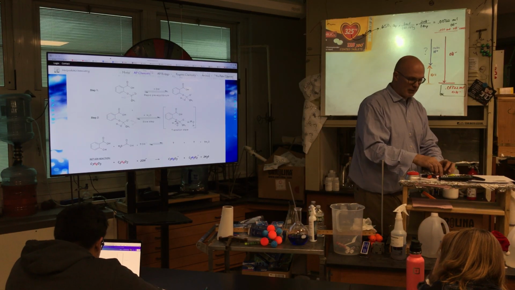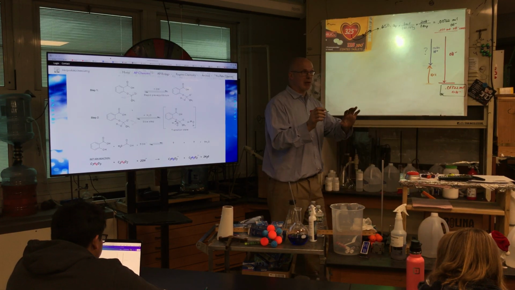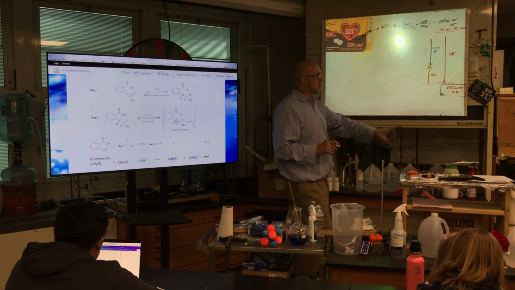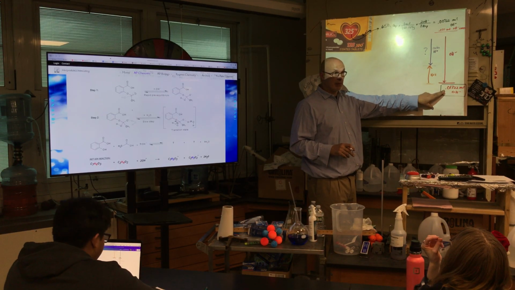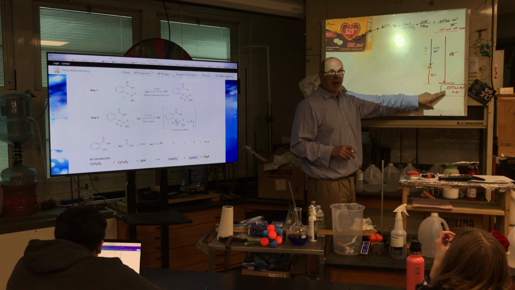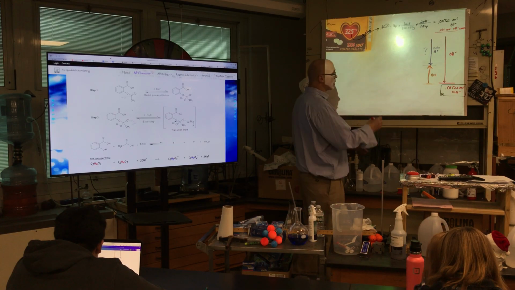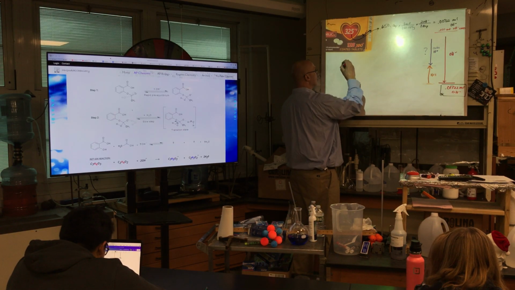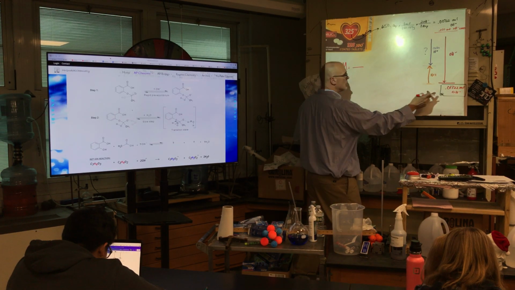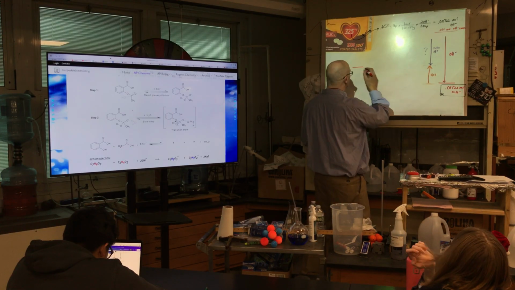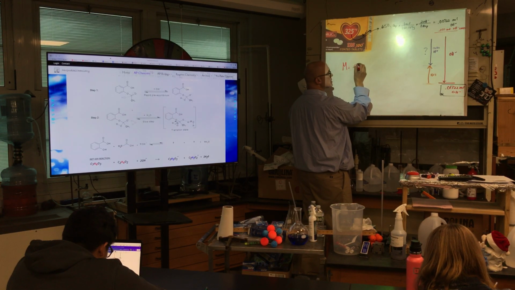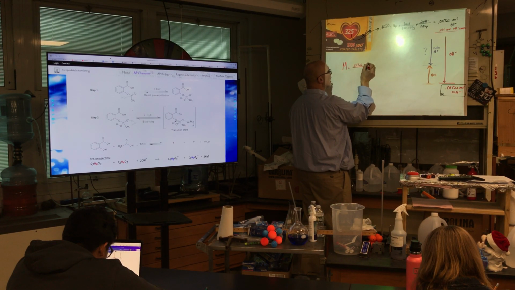How do we calculate the molarity of the base? We said, okay, using this as a guide, I want to deliver this amount of moles. So I want to make a solution. Molarity is moles. So I want to deliver 0.01722 moles of hydroxide.